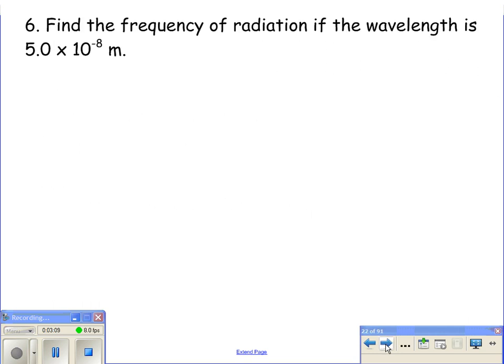So if we use our formula, the speed of light formula is wavelength times frequency, we can use that to determine the frequency of a wavelength that we're given.